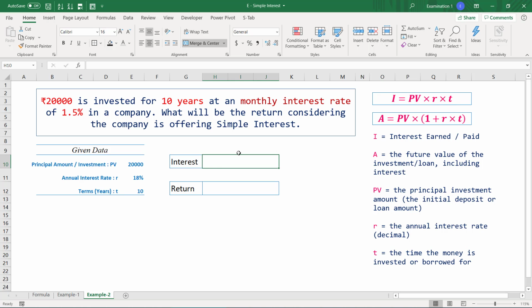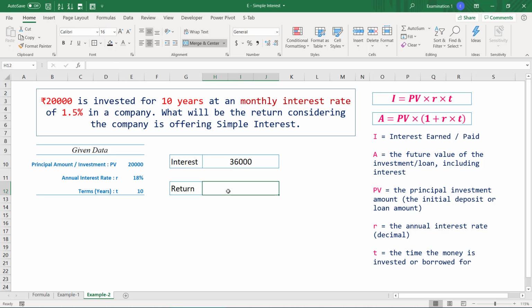So to find the interest, again type equal to PV into R into T, enter. So this is the interest that I'm going to earn over 10 years at a monthly interest rate of 1.5%.